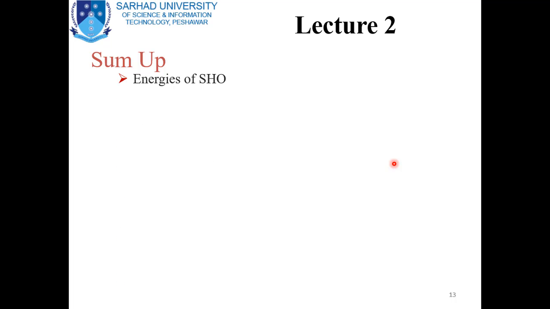The energy of the unforced simple harmonic oscillator is independent of time and position. Then we studied damped simple harmonic motion, and also studied the energy curve for damped harmonic motion, in which the total energy depends upon time and position, and the energy decreases exponentially.